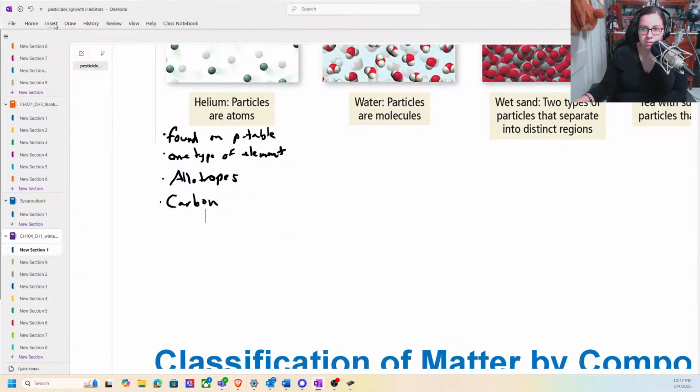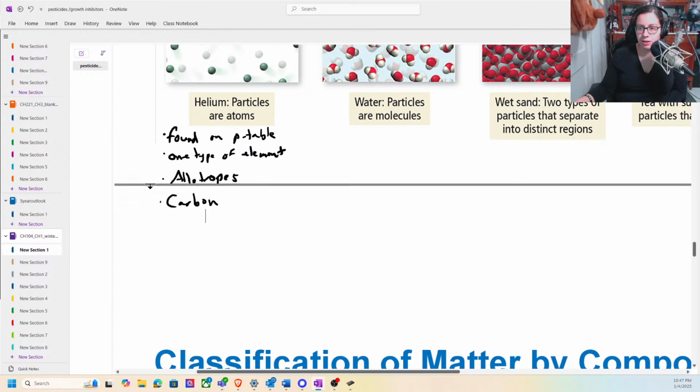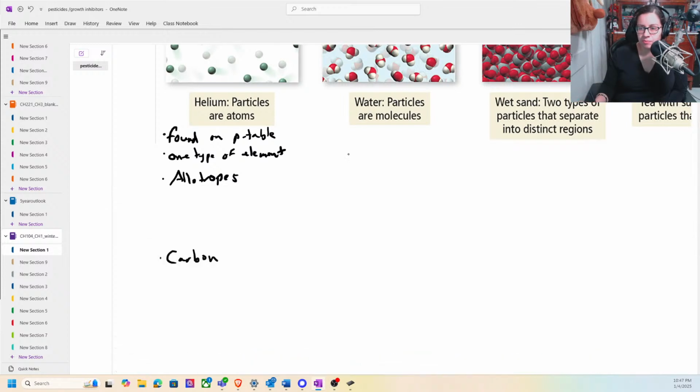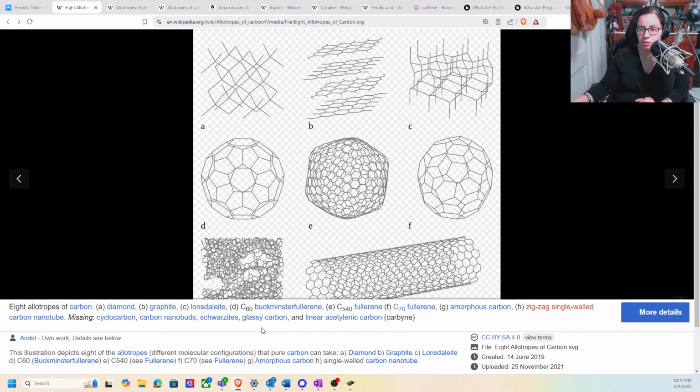Let's define it now. It is defined as different geometrical arrangements of an atom. Now if we go back to those pretty Wikipedia pictures, we can start to decipher them.